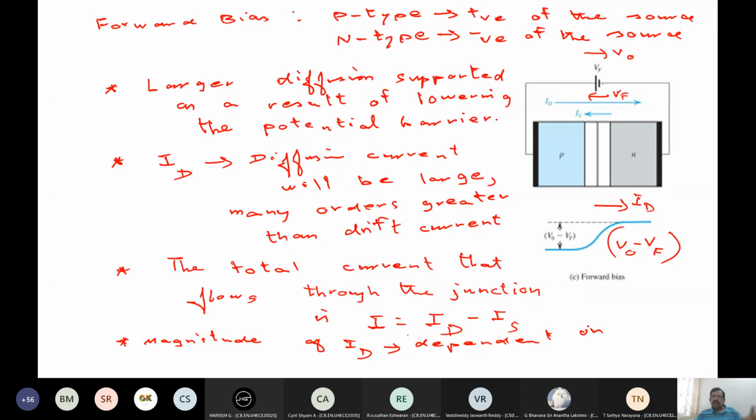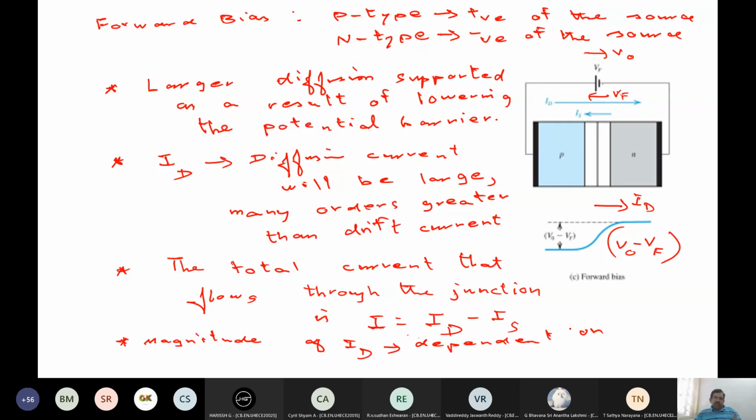So ID dominates over the drift current. Under reverse bias, ID is almost negligibly small, tending to zero. There is only the drift current due to the minority carrier movement, which is also negligible and remains constant, unless we go to the reverse breakdown voltage. We will come to those properties later, but for now understand that ID tends to zero under reverse bias and Is is extremely small.